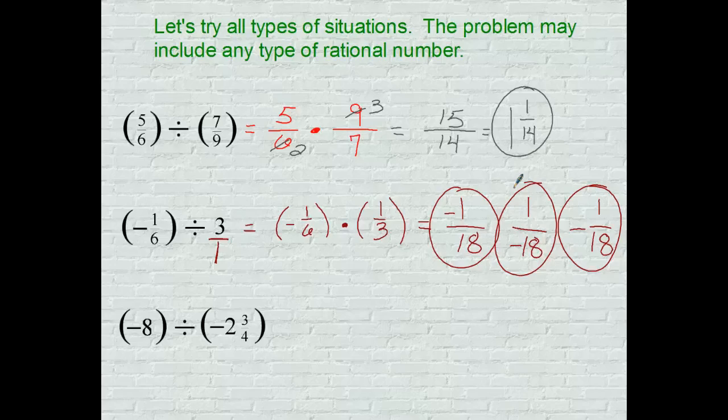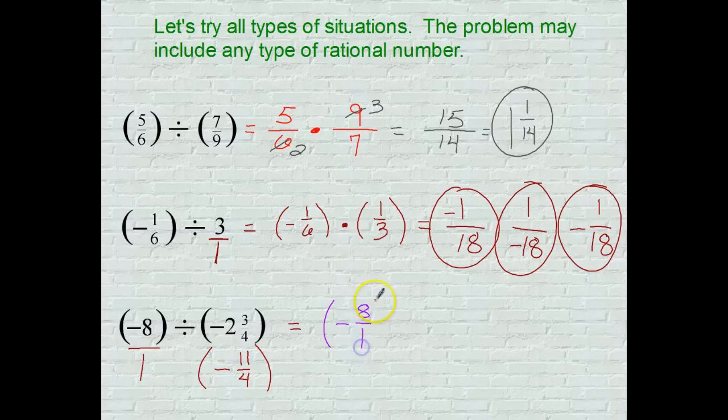The third problem, negative 8 is not a fraction, so I'm going to put it over 1. And I need to change the second one into an improper fraction. So this will be negative 11/4. Let's change colors here. So we have negative 8.